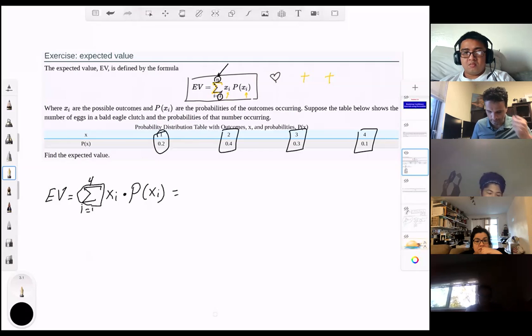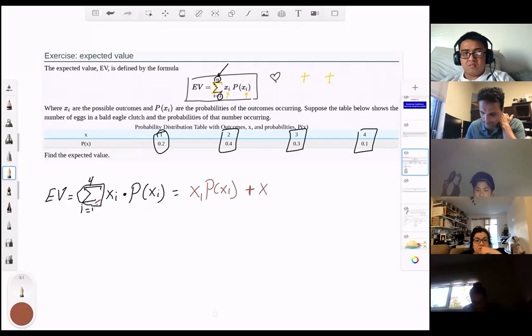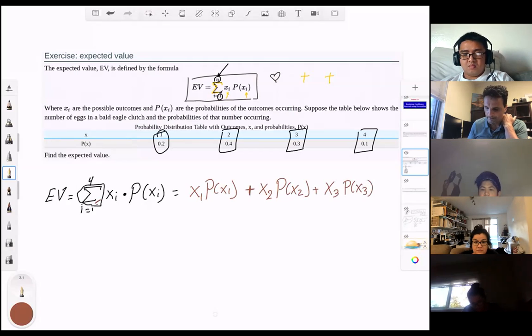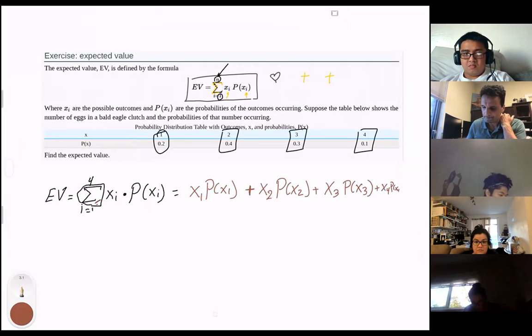So there you're going to be x1 times p of x1 plus x2 multiplied by p of x2 plus x3 multiplied by p of x3 plus x4 times p of x4. Agree? Yeah.